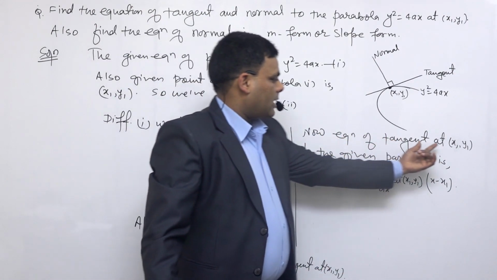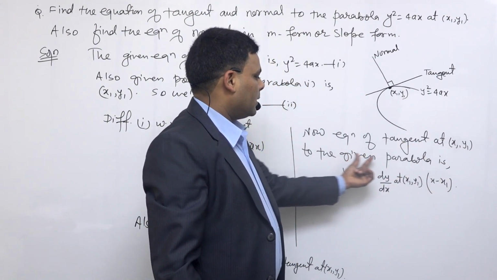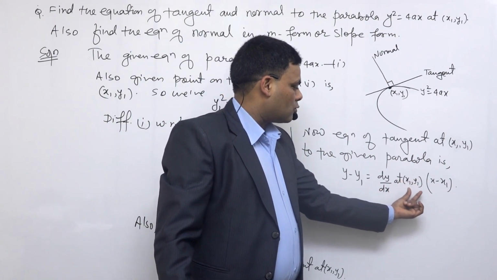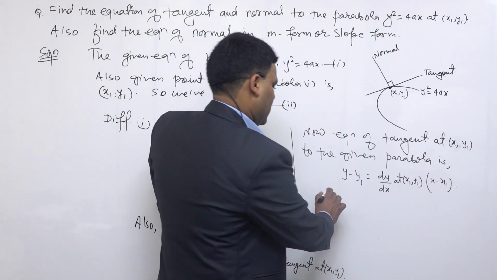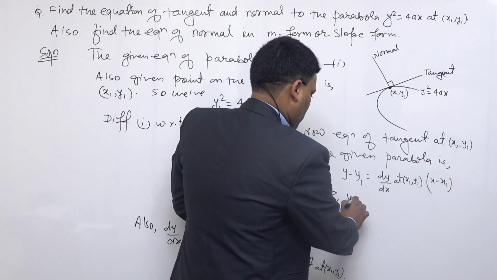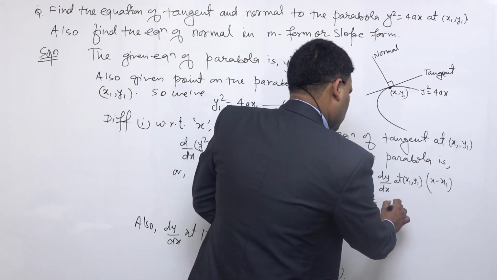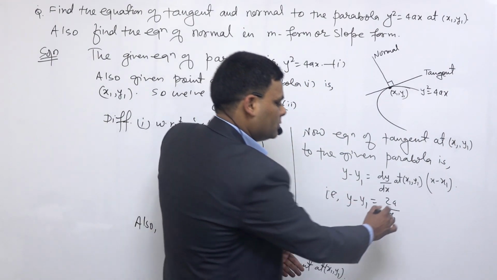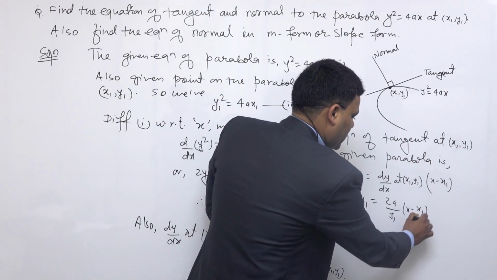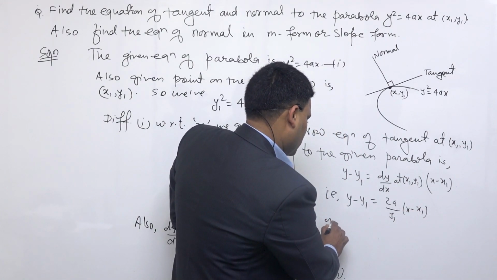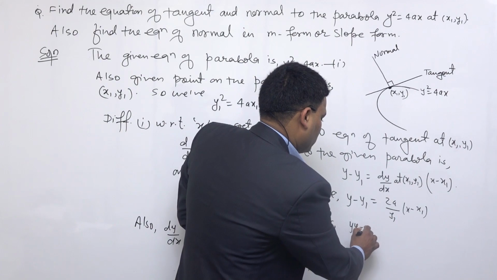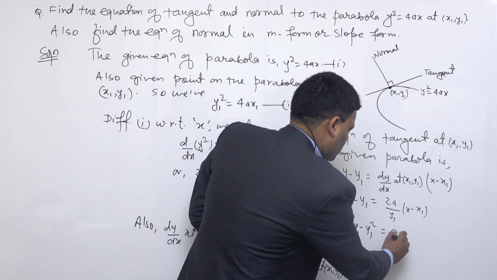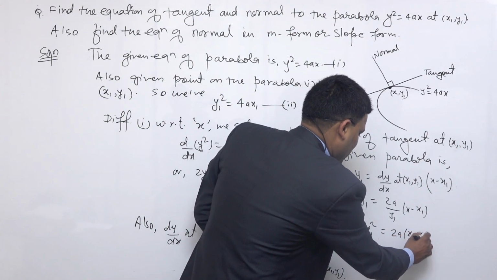Now the equation of tangent at x1 y1 to the given parabola is y minus y1 equals to dy by dx at x1 y1 into x minus x1. That is y minus y1 equals to 2a by y1 into x minus x1. On simplification, y y1 minus y1 square equals to 2a into x minus x1.